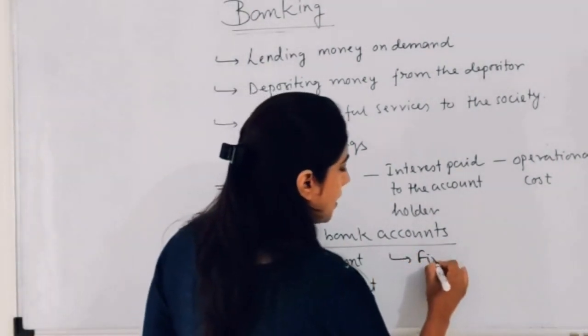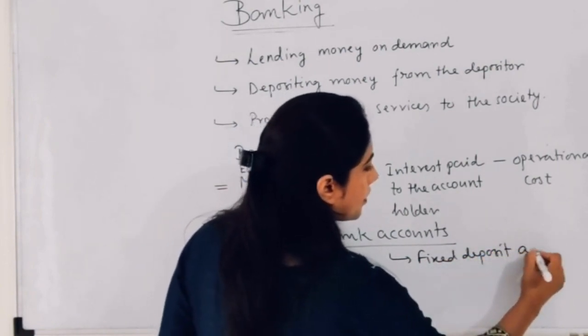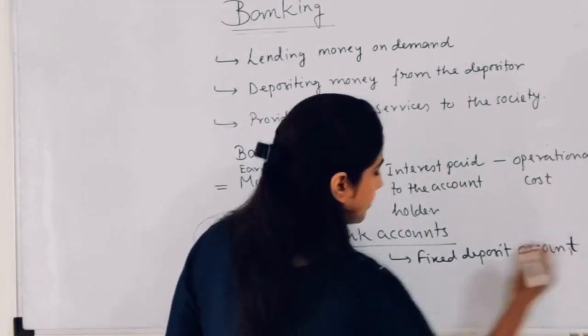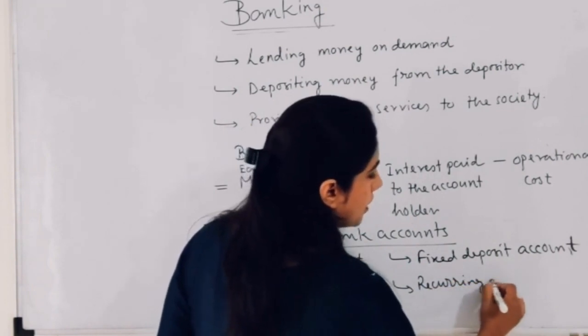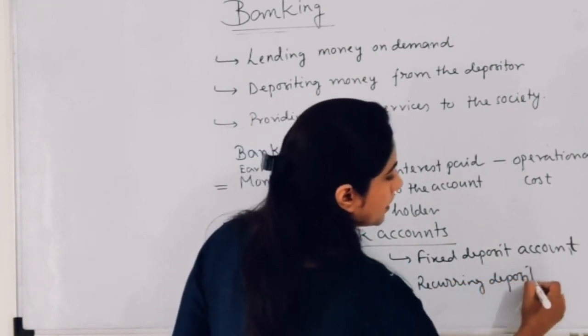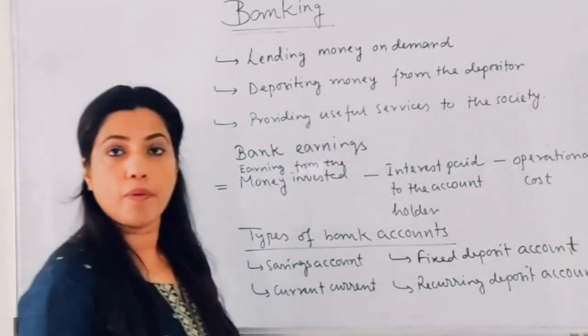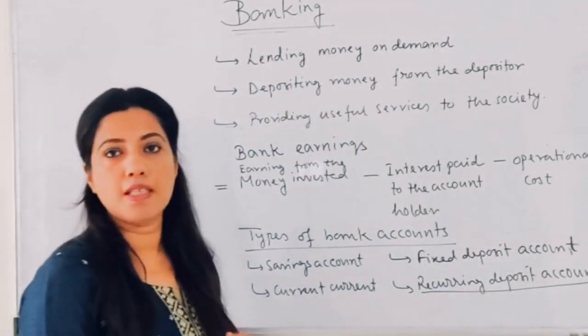Third is a fixed deposit account. And the fourth one is the RD account or recurring deposit account. So these are the different types of accounts a bank has. We will confine ourselves to the recurring deposit account in this chapter.